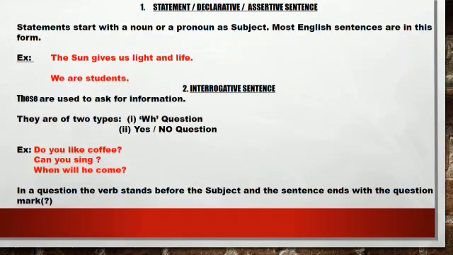Do, can, all these are verbs and they stand before the subject. So as it is said, in a question the verb stands before the subject and the sentence ends with the question mark. Yes, of course, whenever we are writing or making an interrogative sentence, we have to put the interrogative sign.